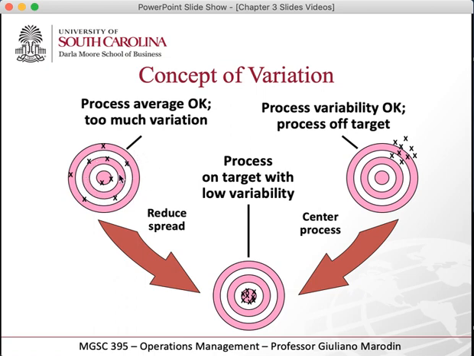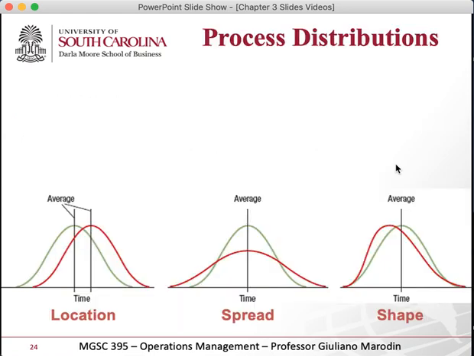So I'm mean centered here, I'm aiming for the target, but my variation was too high, okay? In this case, my variation was small, as expected, but it was outside. So that's the location problem, right? The mean was higher than it's supposed to be, okay?